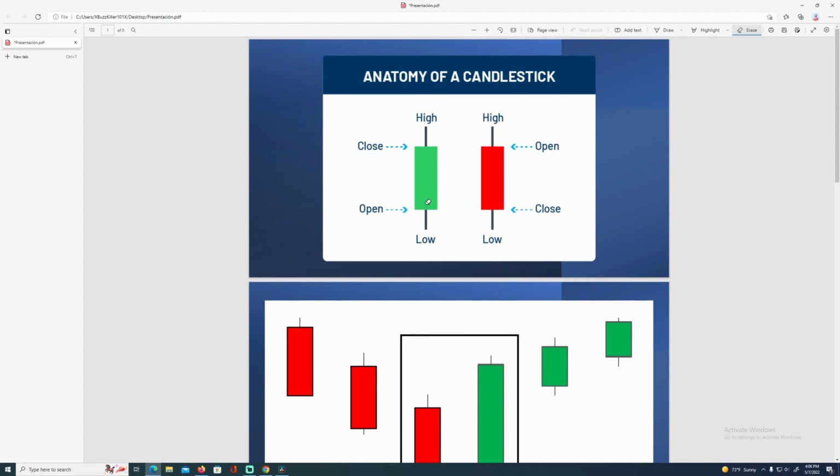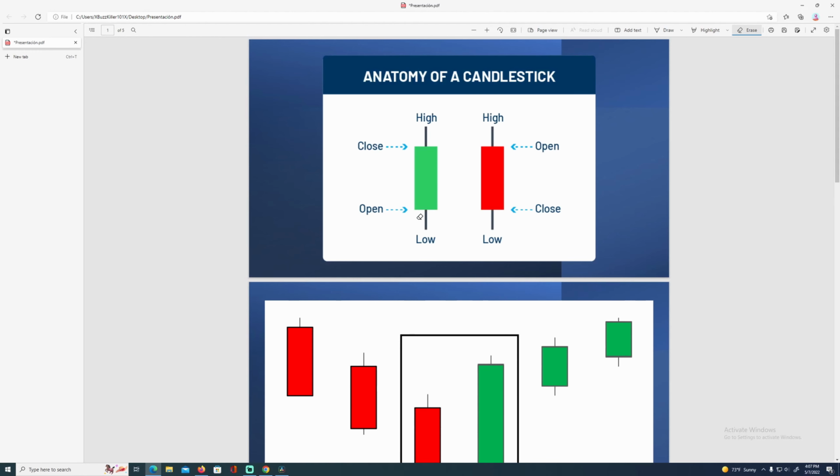On the green candle it was the opposite: it opened at the bottom and closed at the top. The colors are what tell us whether it's a bullish or a bearish candle. When we see the red color, we know the open is at the top and the close is at the bottom.